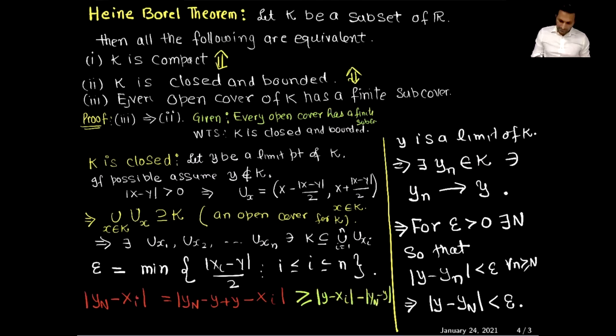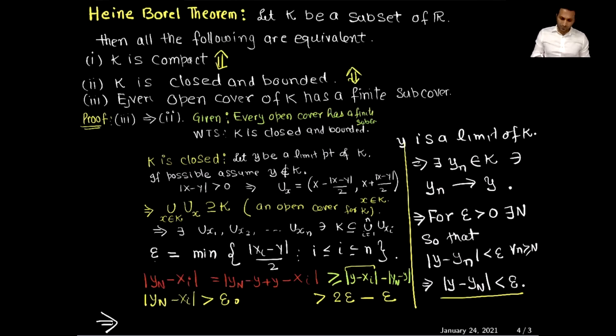And because epsilon is the minimum of |xi minus y| divided by 2, this will be bigger than 2 epsilon, and minus |y_N minus y| is bigger than minus epsilon, because if I multiply by a negative sign on both sides, the inequality flips. But what I get is |y_N minus xi| is strictly greater than epsilon, and this is true for all i varying from 1 to n.